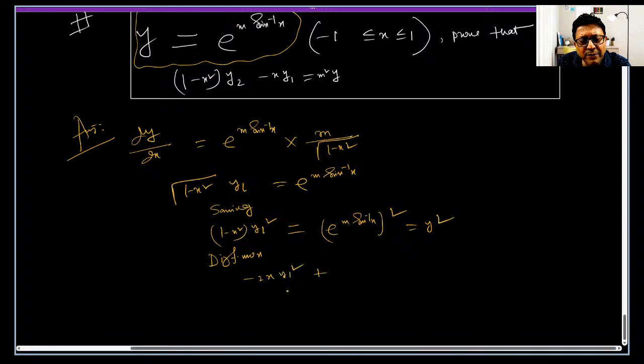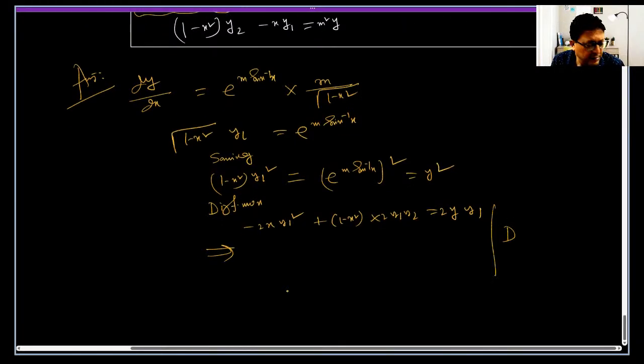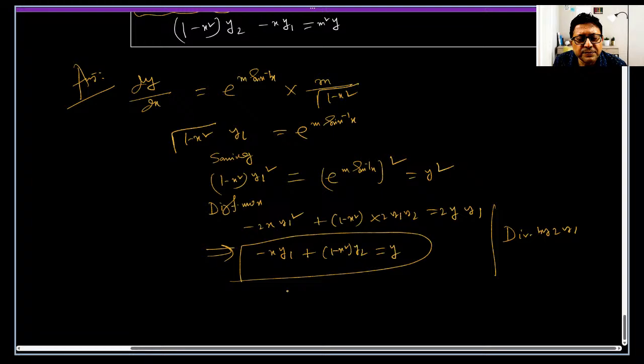Minus 2x y1 square, 2y1 y2 equal to 2y y1. Clear? You understand? Now divide both sides by 2y1. Okay? So you got.